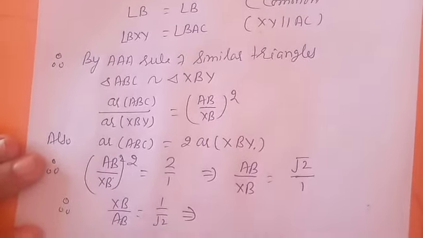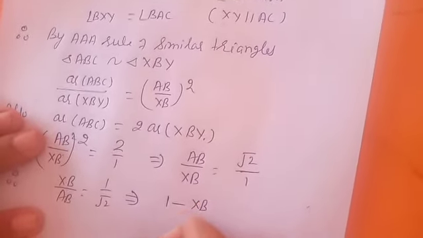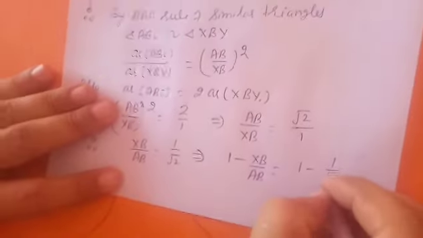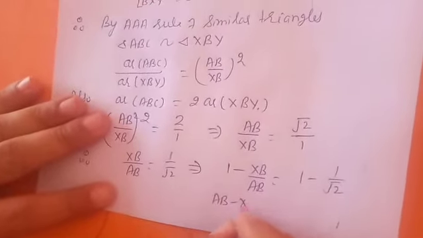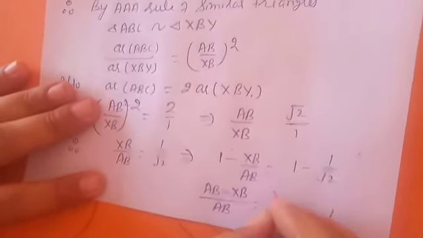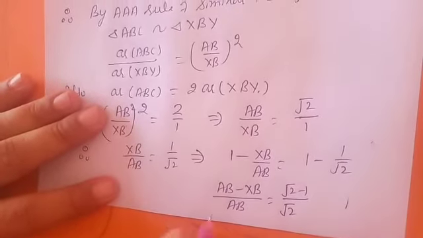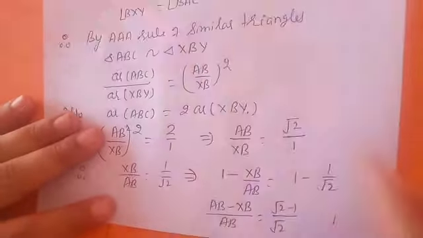This implies 1 minus XB by AB is equal to 1 minus 1 by root 2. This becomes AB minus XB by AB is equal to root 2 minus 1 by root 2. AB minus XB is AX.